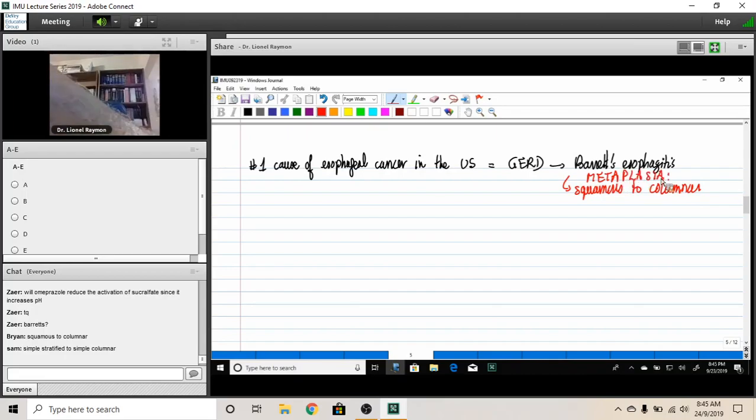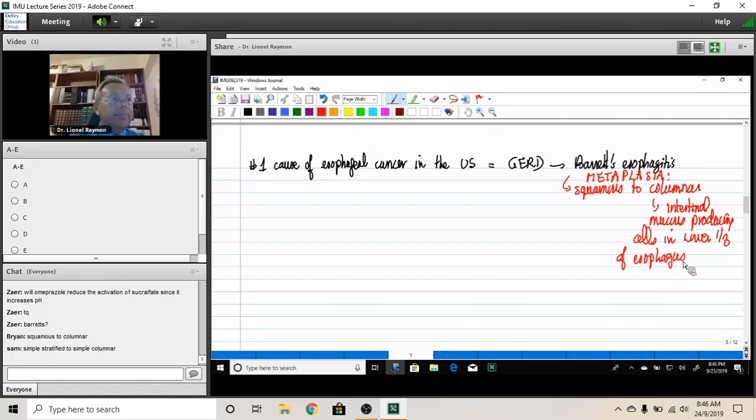And the columnar is basically intestinal mucus producing cells in pretty much the lower third of the esophagus. Now, right now, it's a metaplasia, it's not cancer. So then it would have to acquire some dysplastic characteristic and then become an adenocarcinoma of the esophagus.